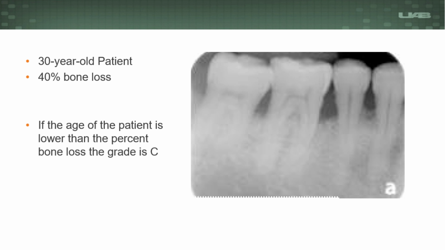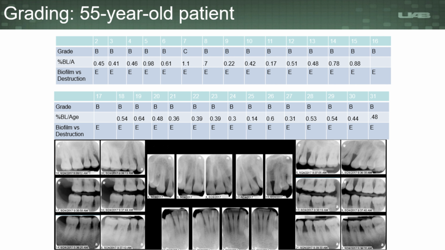I rarely measure up the full root length. I mean, you could do it in an exercise like this for each tooth, but that really isn't necessary because we're grading based on the worst site in this patient's mouth. So in this patient, that would be this lateral incisor that in a 55-year-old patient has more than 50%, 55% bone loss, and therefore that would be a grade C.